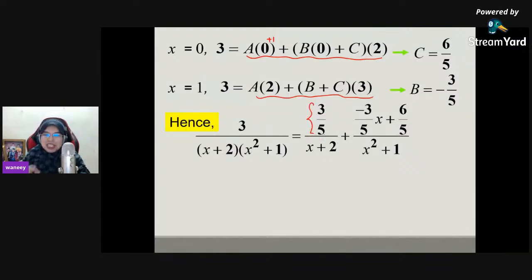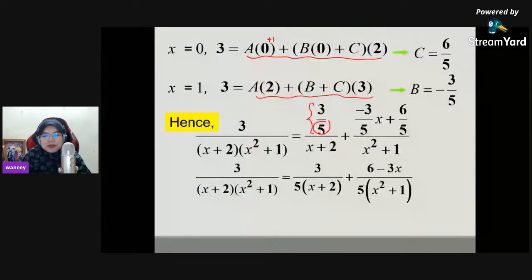So dalam maths biasanya kita kena tulis cantik-cantik lah. Okay, so since I don't see this as a pretty number, better to bring this one down. So let us bring them down. So it will become 3 over 5 x plus 2. And then I change the place a little bit to 6 minus 3x over 5 x squared plus 1.